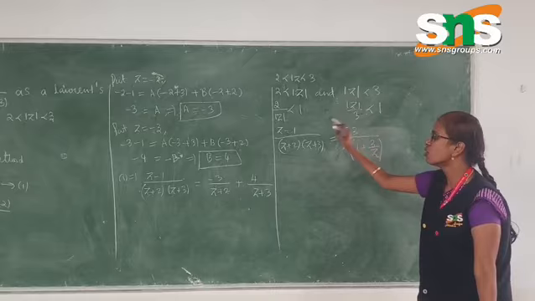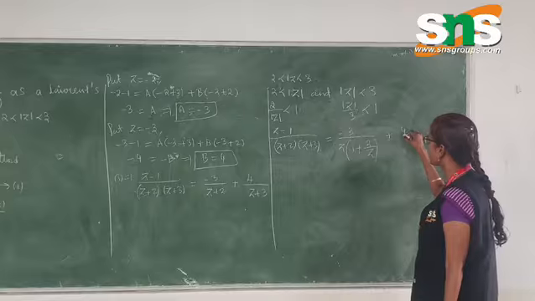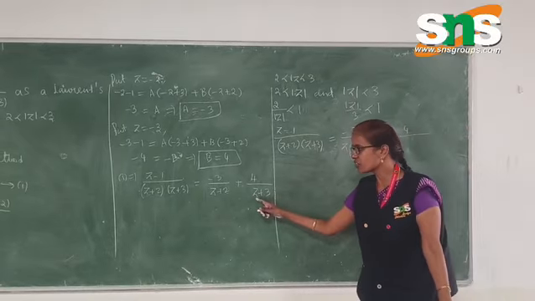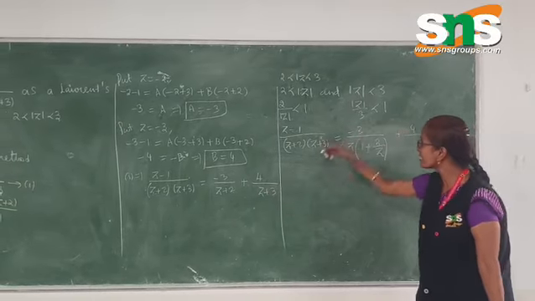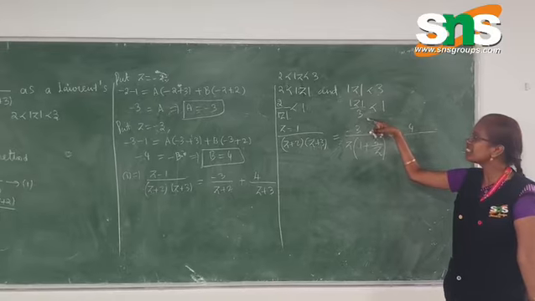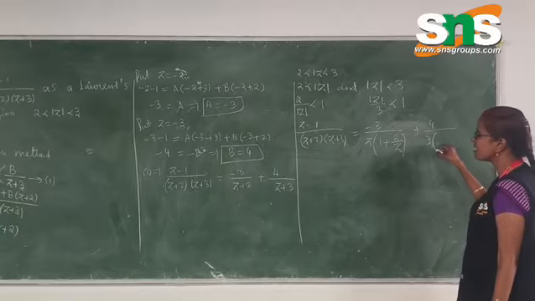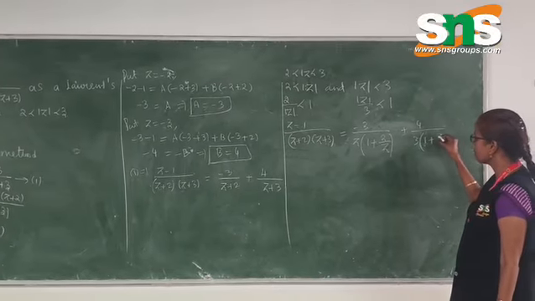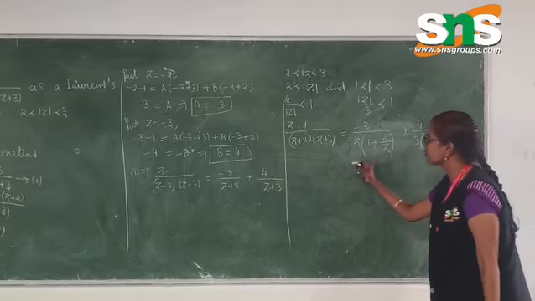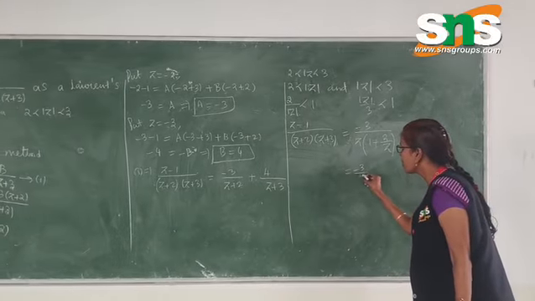For the next term, plus 4 by the factor which involves z and 3, the denominator is 3, so I take 3 outside, and the remaining is 1 plus z by 3.